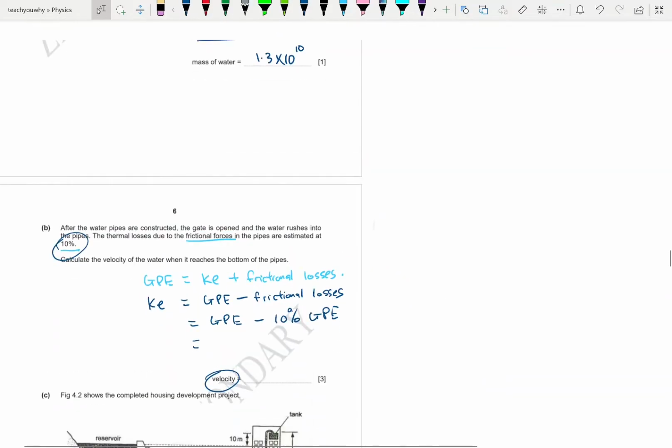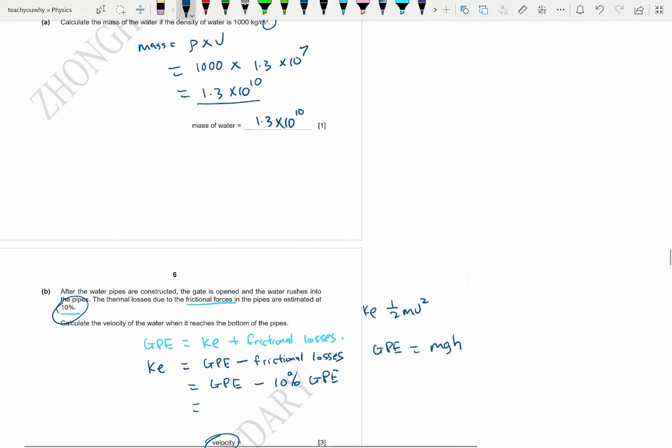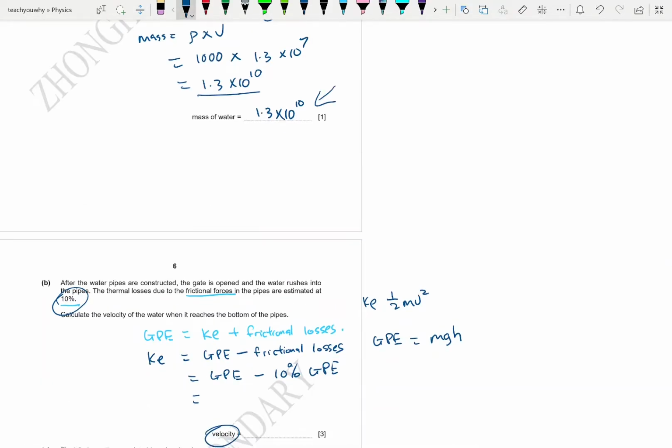Okay, now here comes another problem. I'll write on the side. We know that KE is half mv squared. Then GPE is equals to mgh. Now, some students will use the mass here and then plug it in.